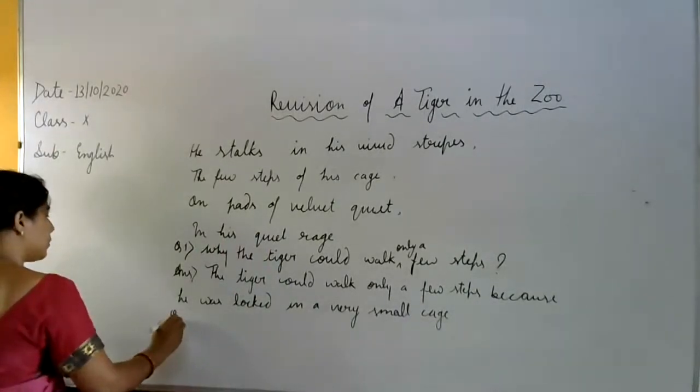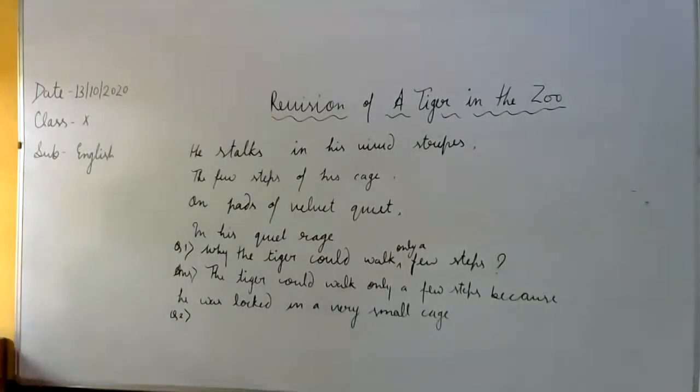Now question number 2 will be: how does the tiger move in the cage?